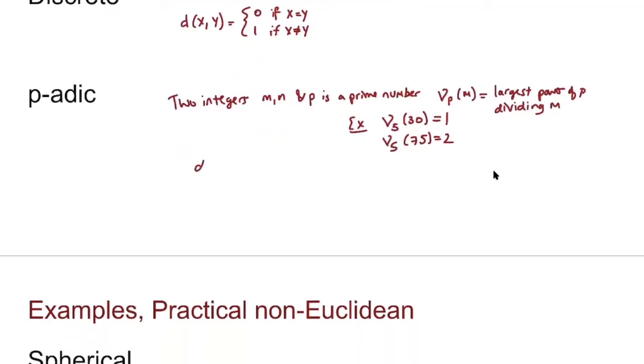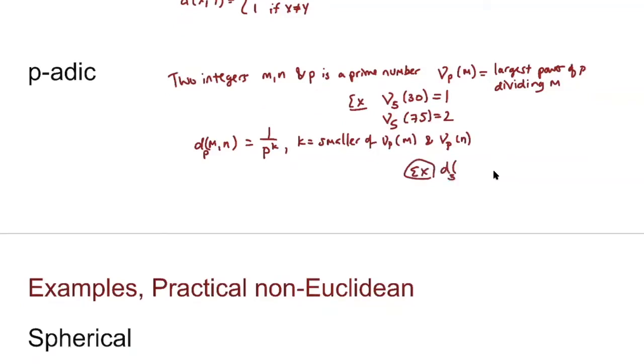Then the distance between m and n for a certain prime p is 1 over p to the k, where k is the smaller of the two largest powers. So the distance between 30 and 75 relative to the prime 5 is 1/5.